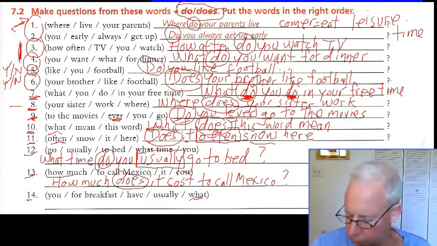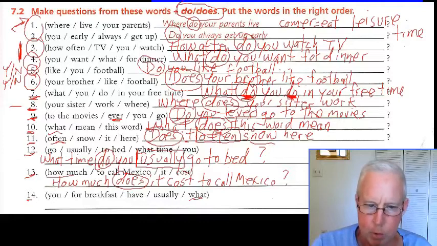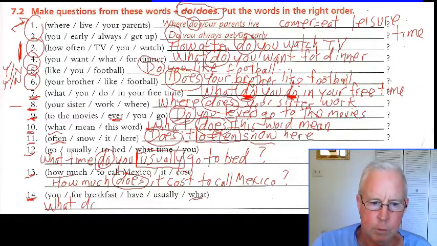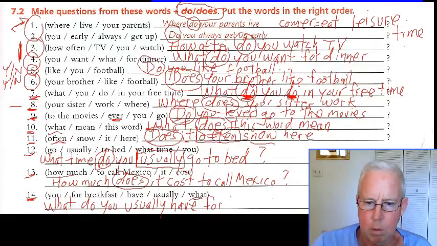Okay, last one. You for breakfast have usually what? Yikes! So this has everything in it. So start with the WH. What do you usually have for breakfast?